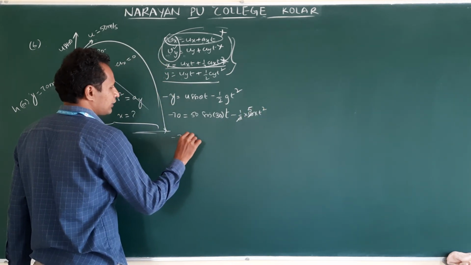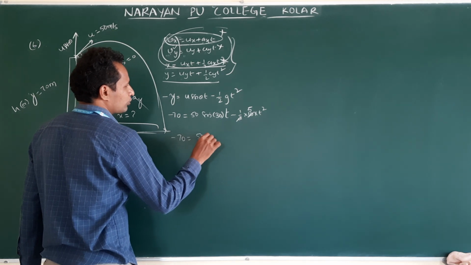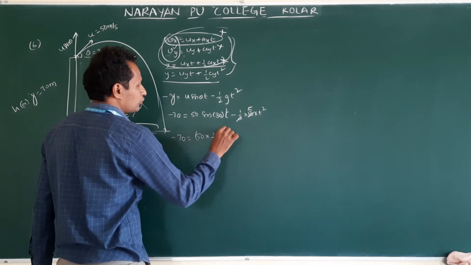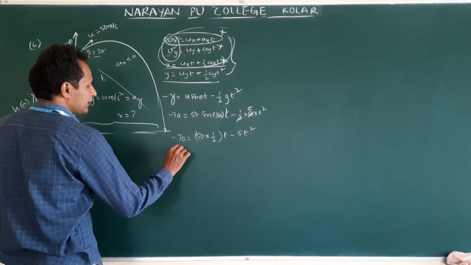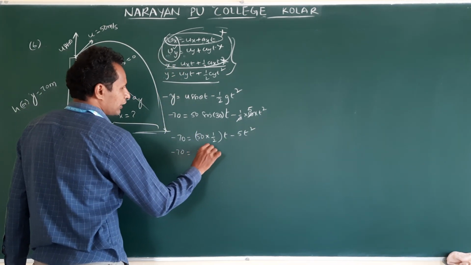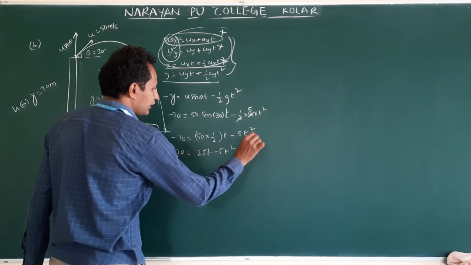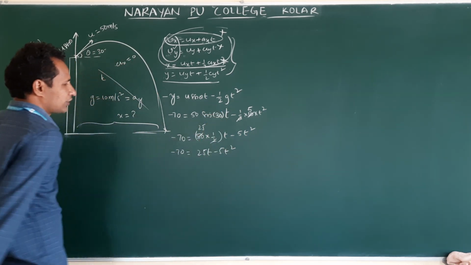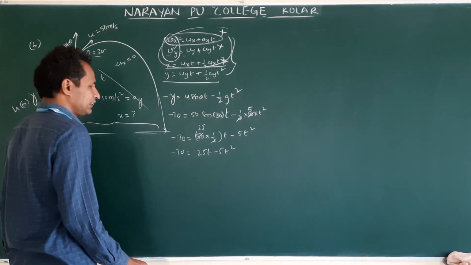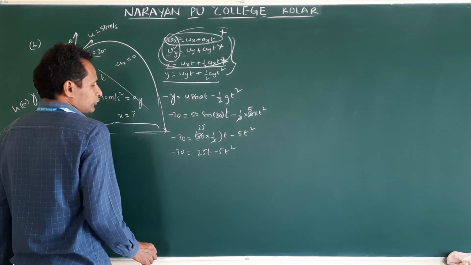Minus 70 is equal to 50 into 1 by 2 into t minus 5 t square. So minus 70 is equal to 25t minus 5 t square, am I correct? 2 ones, 2 25s. So this equation we can write. How do we write it?